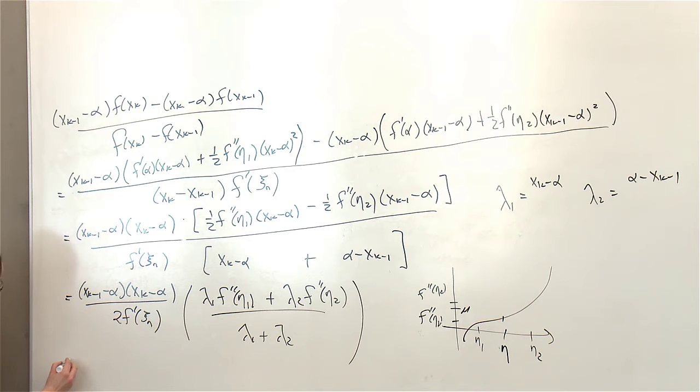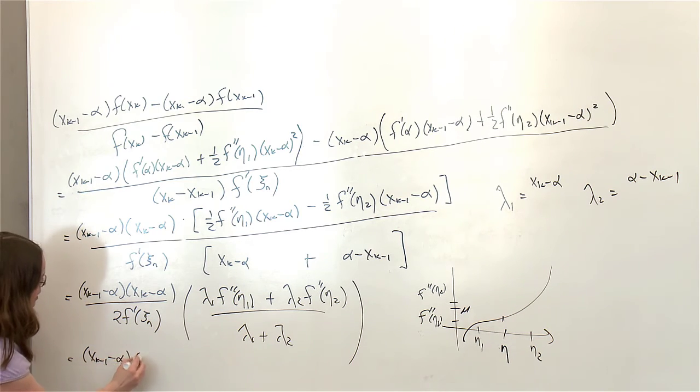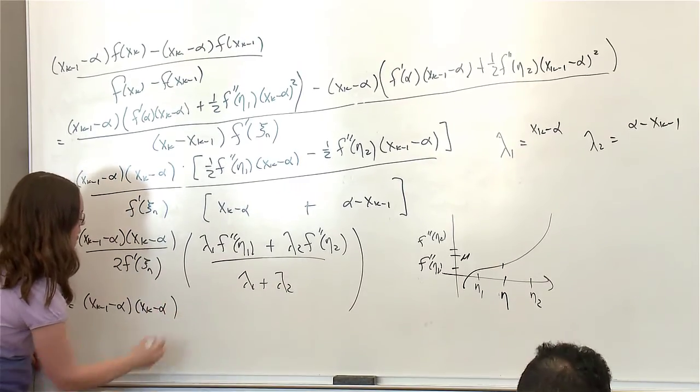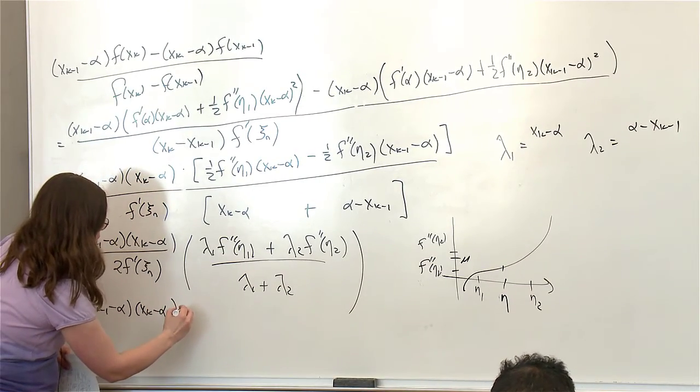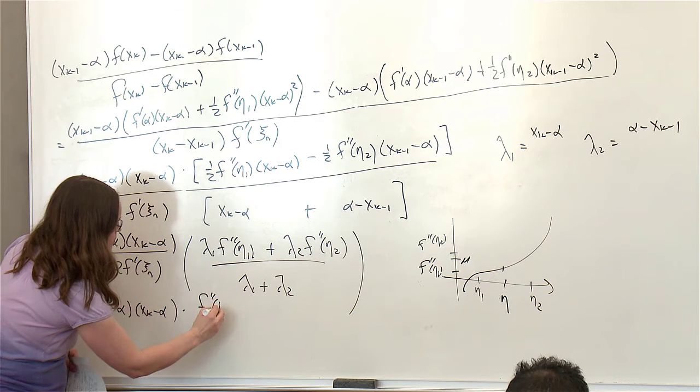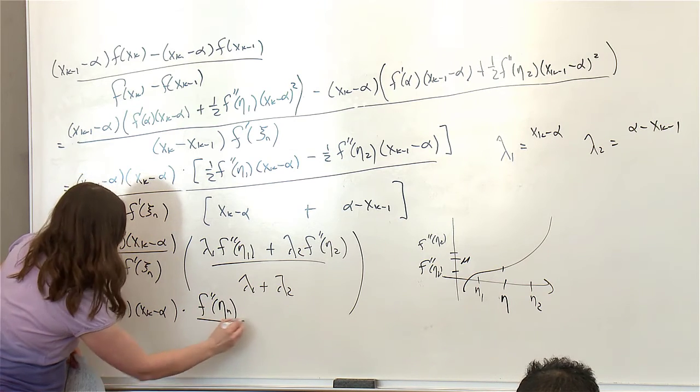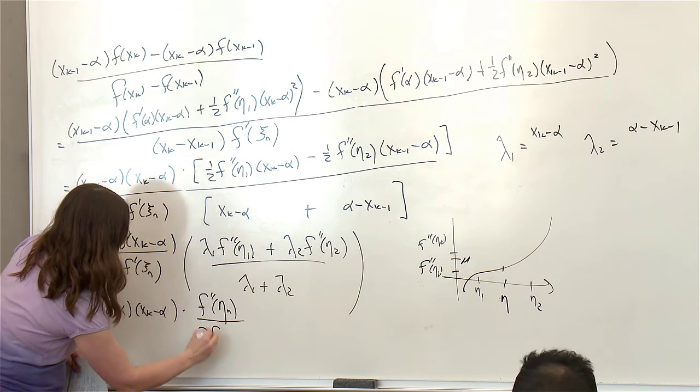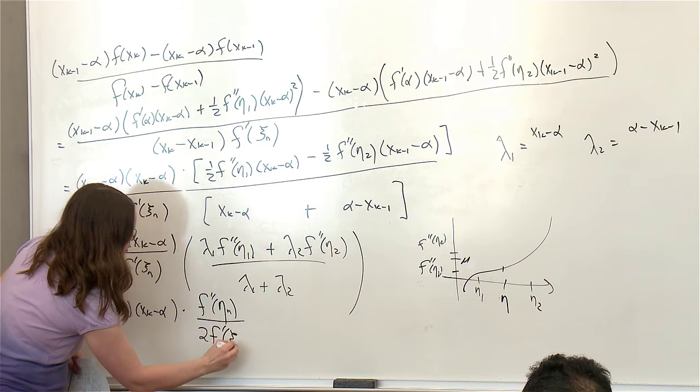So this says that I can write this as xk minus 1 minus alpha, xk minus alpha, times f double prime somewhere, divided by 2 f prime somewhere.